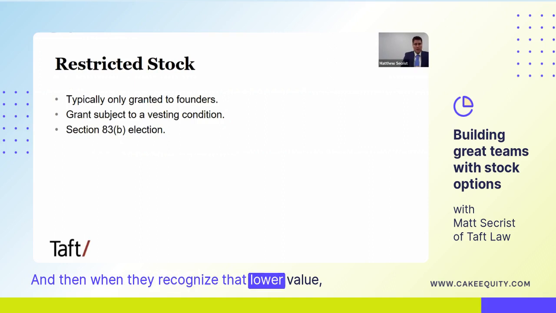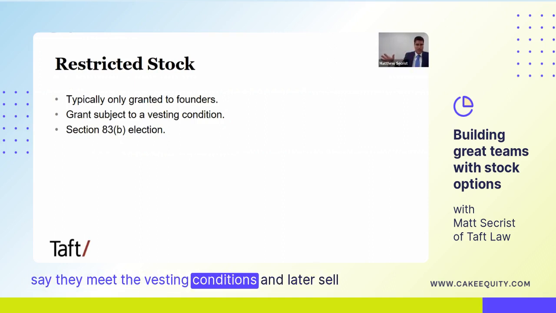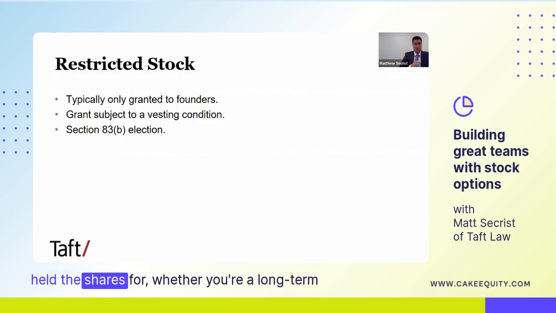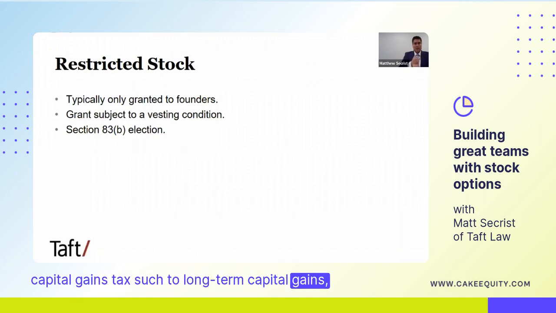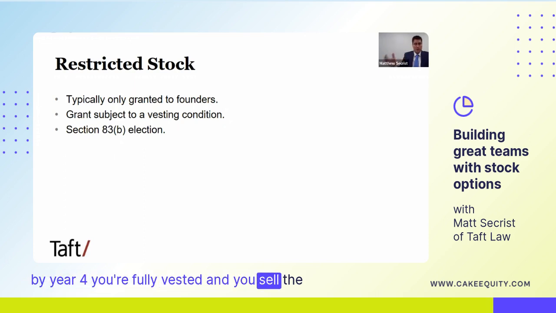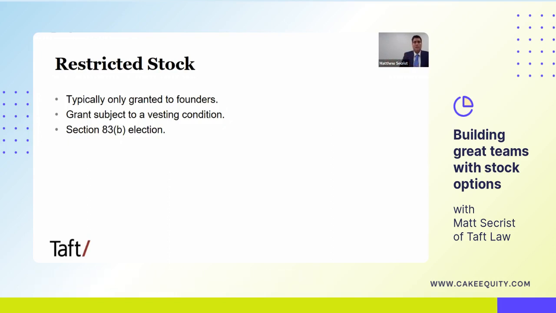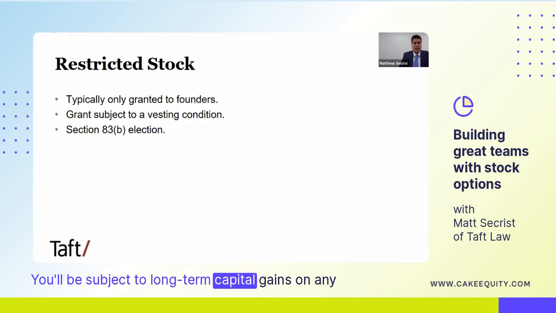Then, say they meet the vesting conditions and later sell the shares, the triggering point for how long you've held the shares, for whether you're subject to long-term capital gains, is when you make that 83(b) election. So you make the 83(b) election in year 1, and then by year 4, you're fully vested and you sell the shares. Because you've held the shares for longer than 1 year since you made that 83(b) election, you will be subject to long-term capital gains on any gains over the amount you brought into income.